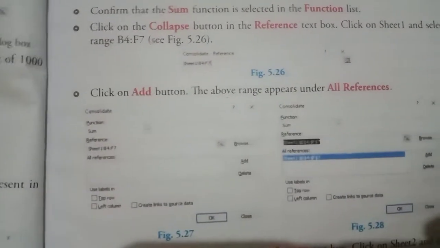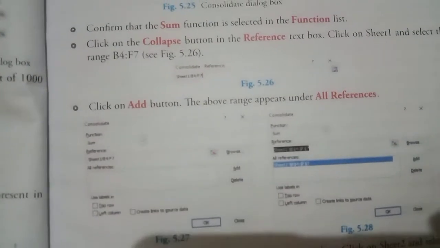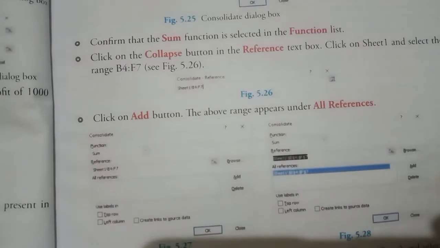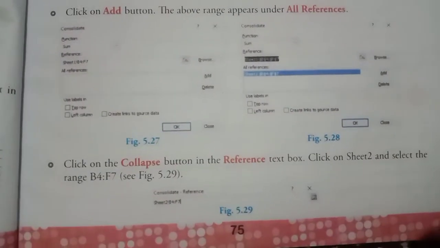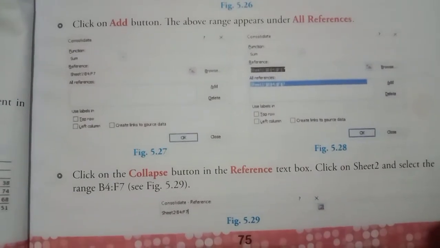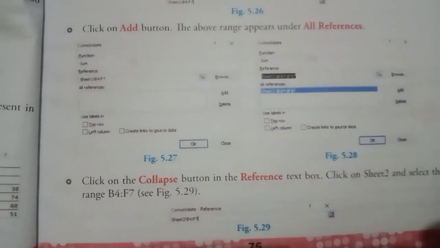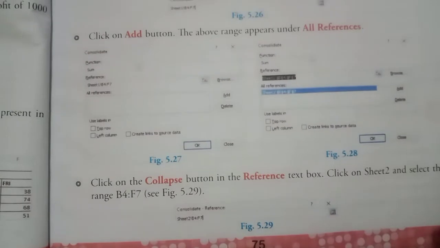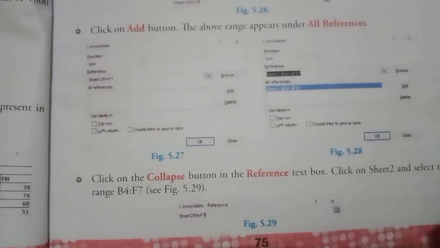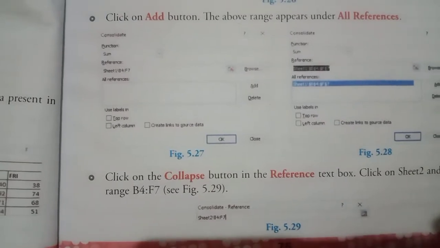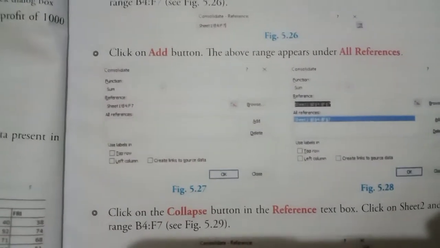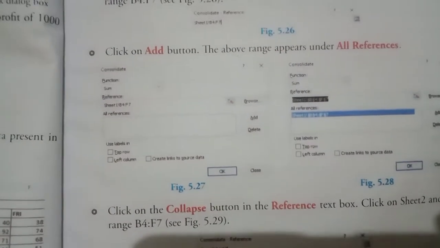After that, the next step is to click on the Add button, and the above range appears under All references. Then click on the collapse button in the reference text box again. Click on sheet 2 and select the range. The range is from B4 to B7.